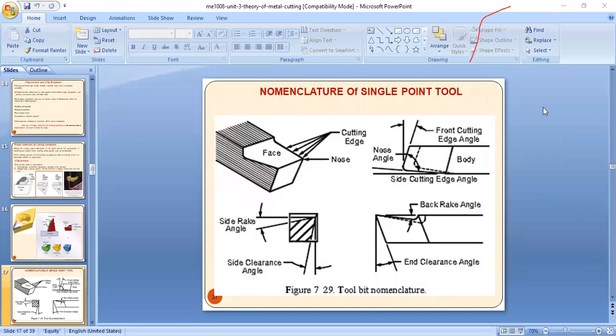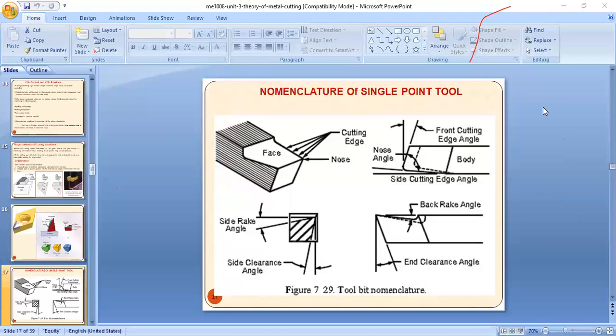And the next one is the side rake angle. Side rake angle also influences the machining. When the tool removes material on the side cutting edge only, you can easily observe the side rake angle in the diagram.